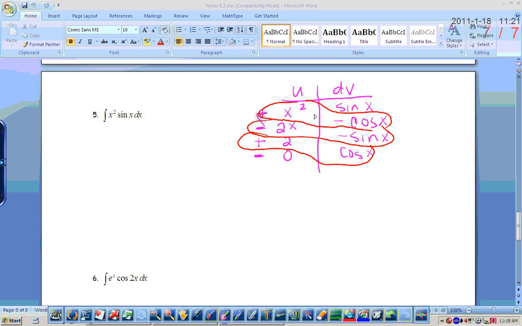I have positive x squared times negative cosine x, so that's negative x squared cosine x. Plus the product of the next two: negative 2x times negative sine x is 2x sine x. And then I'm going to add the product of the next two, which is 2 cosine x. Plus c, and I'm done.